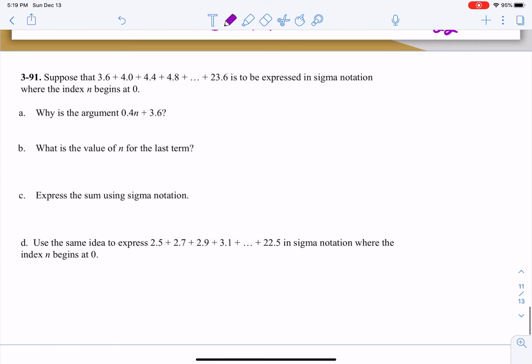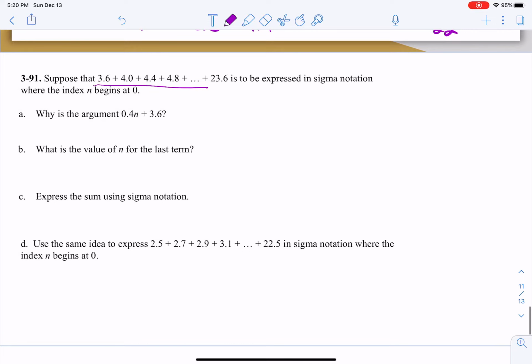So as we wrap this up, for problem 91, suppose that we have this summation and we put this in sigma notation.